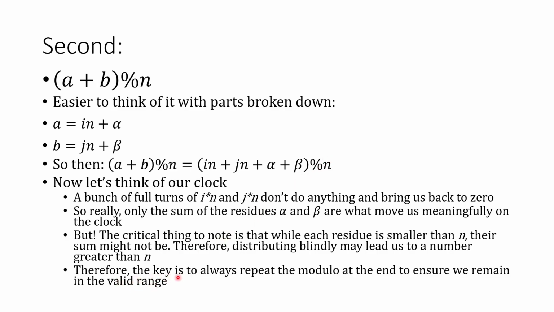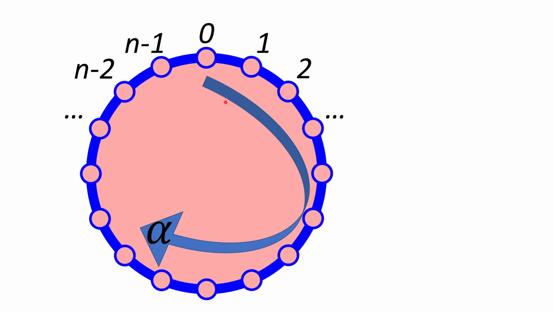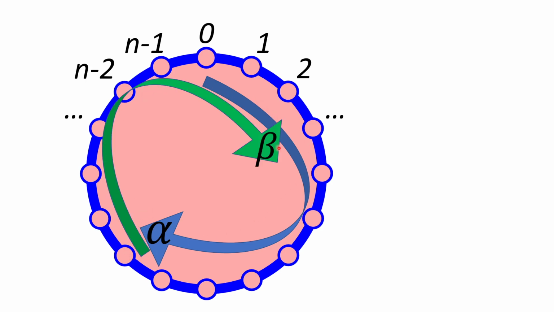So therefore, the key is to always repeat the modulo at the end to ensure we remain in the valid range. And so what I mean by that is we go around a bunch of times in the circle, stripping away all the i n's and the j n's. And then let's focus on the residues. So we're back to 0. Now alpha takes us, let's say here, and then beta takes us, let's say here.